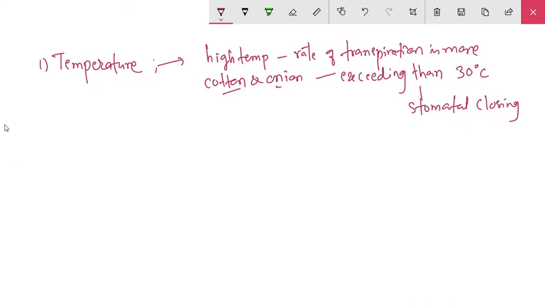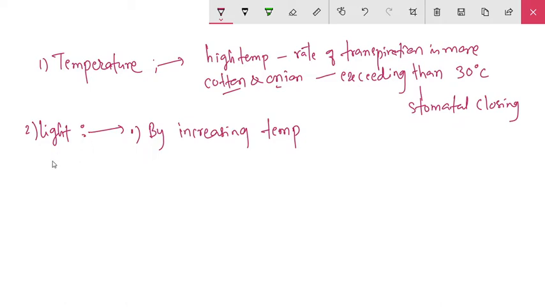Then the second factor is light. Light affects transpiration in two ways: first, by increasing the temperature, and second, by causing the opening and closing of the stomata.